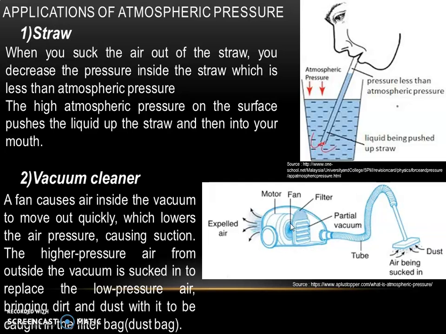A fan causes air inside the vacuum to move out, and there will be suction, due to which the high pressure air from outside the vacuum is sucked into the low pressure zone, and the dust and dirt also will be taken in along with the air.